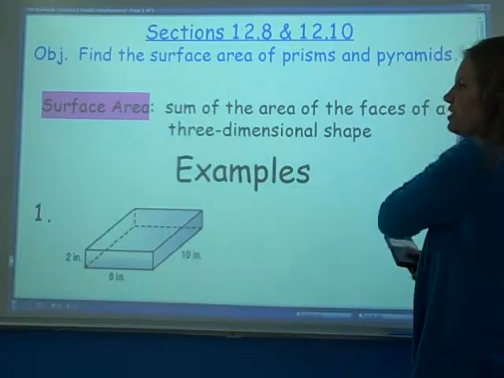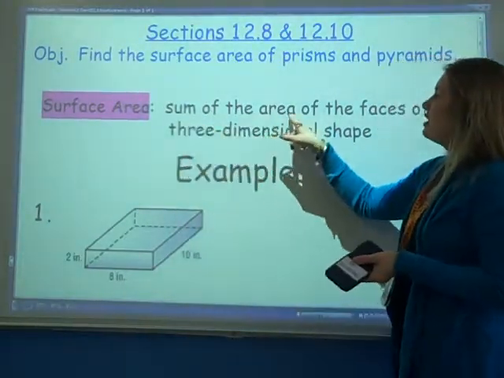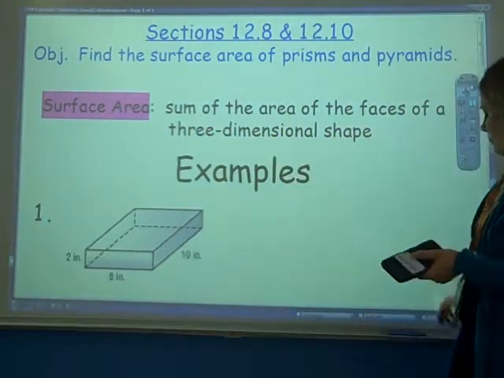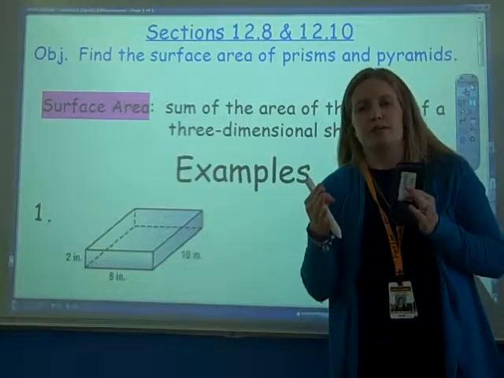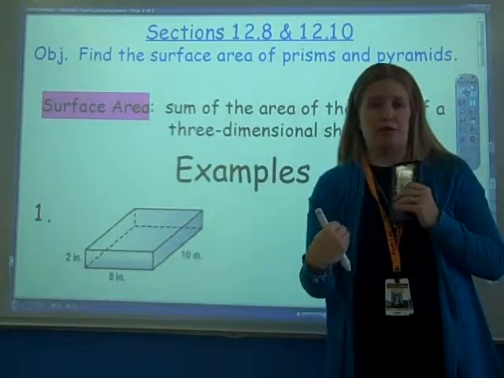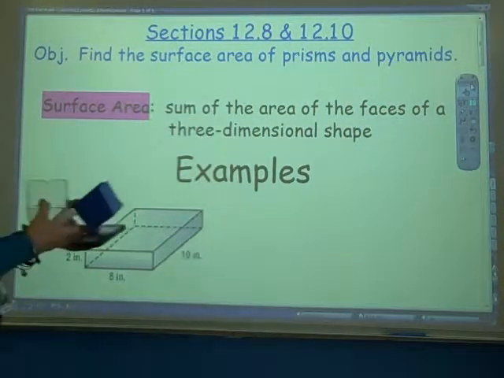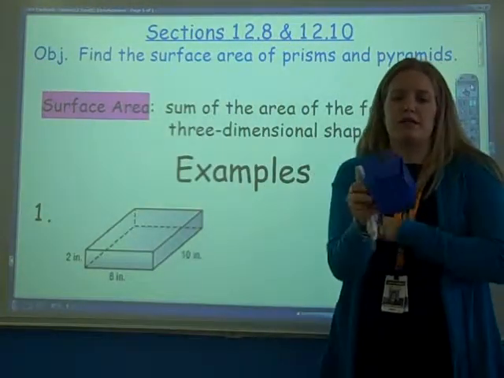So first, surface area is the sum, so that means you're adding, of the areas of the faces of a 3-dimensional shape. So we're going to find the area of each of the sides of the shape and then add those all up. Let me give you an example. This is a net, and I've shown this to you in class.